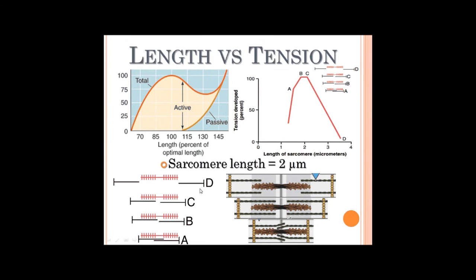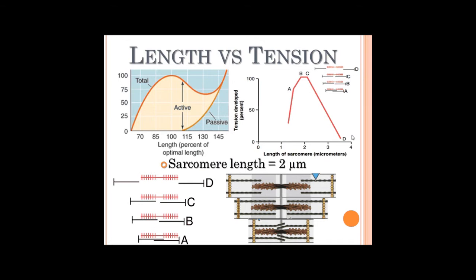What you can see is as the sarcomeres lengthen, the actin-myosin cross-bridge heads begin to go out of reach. Some of the inner heads of myosin cannot reach the actin filament. This reduces the overall number of actin-myosin cross-bridges, which reduces the active tension magnitude.